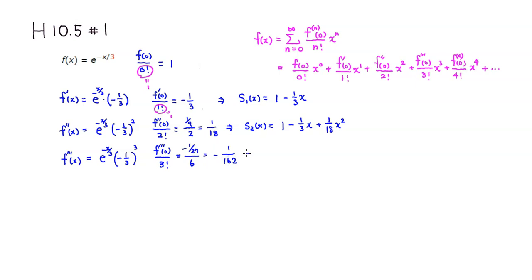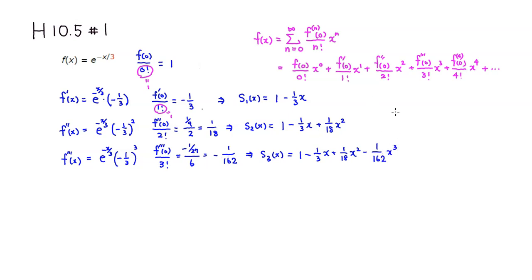Which means that S3 is going to be 1 minus 1/3 x plus 1 over 18 x squared minus 1 over 162 x cubed.